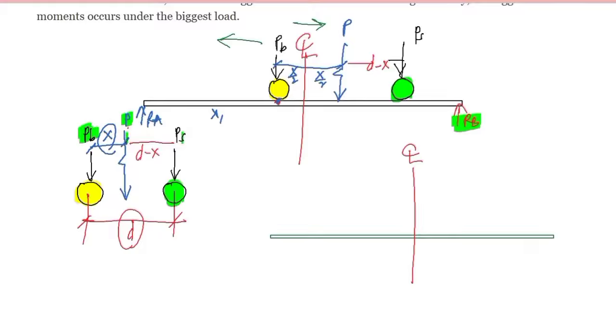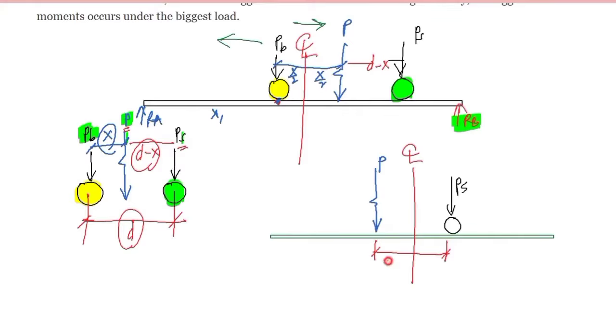So, in this case, ilalagay natin si PS dito. And, of course, dito ngayon magpo-fall yung resultant or the load P. And this distance here would just be half of this distance from the resultant and the load under investigation.